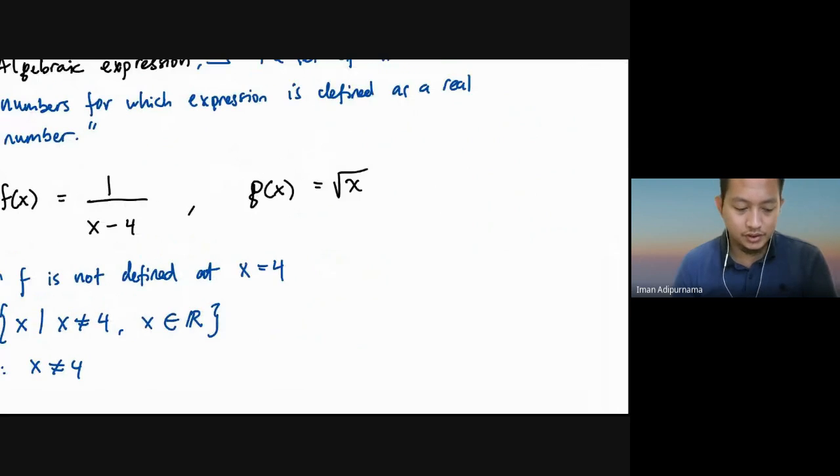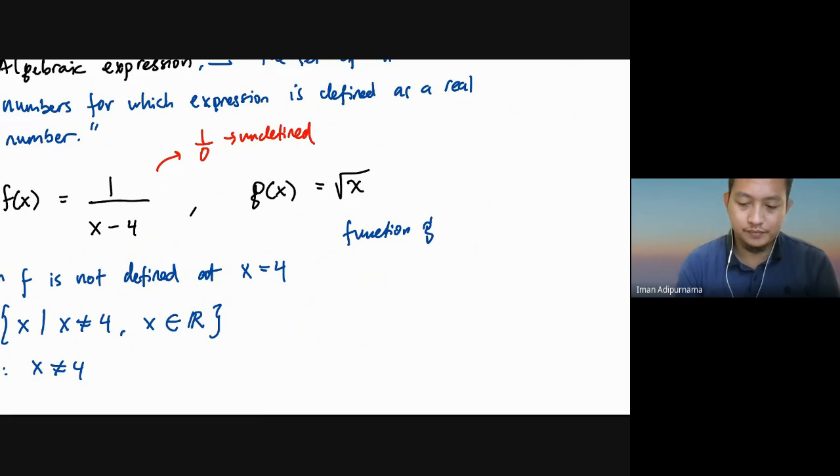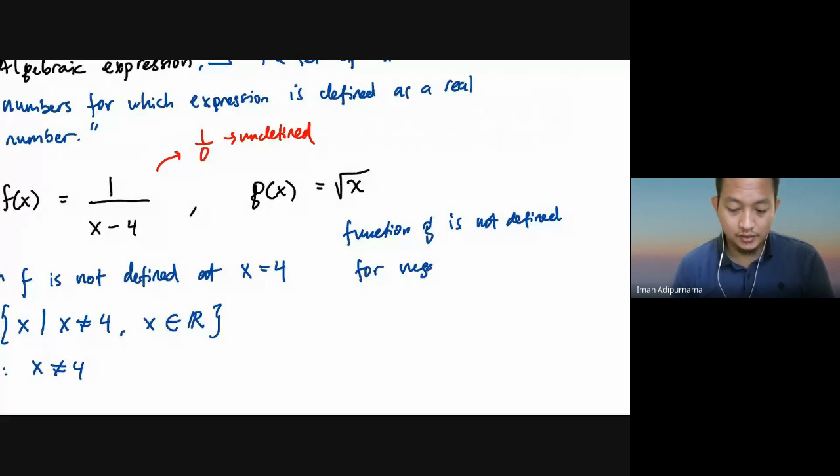And for g, function g has a square root. Let me write here: 1 over 0 is undefined. So function g is not defined for negative x.